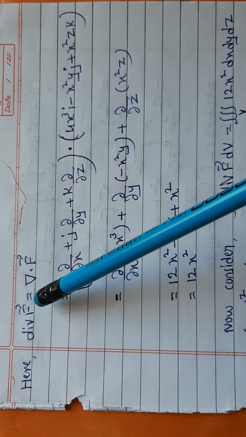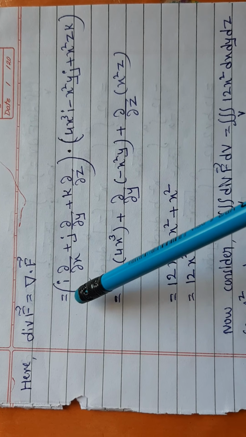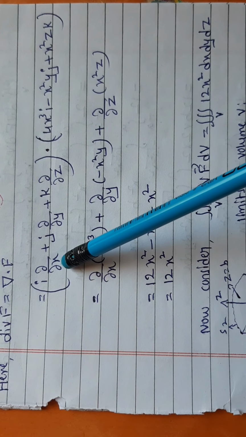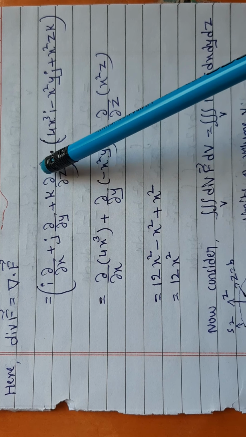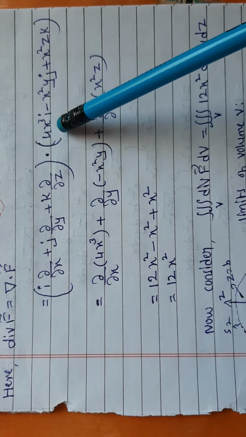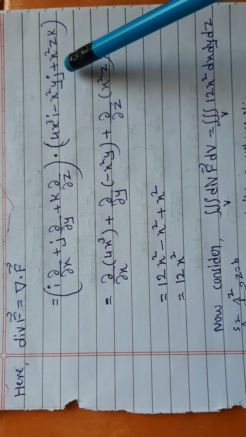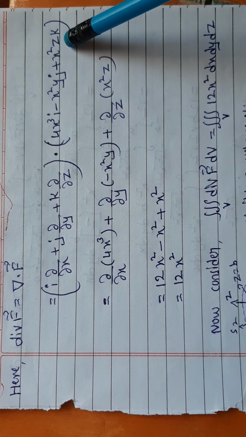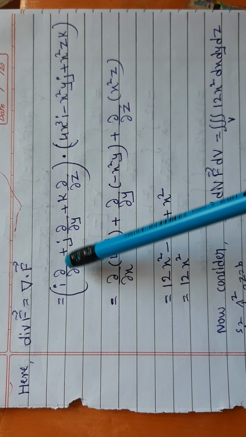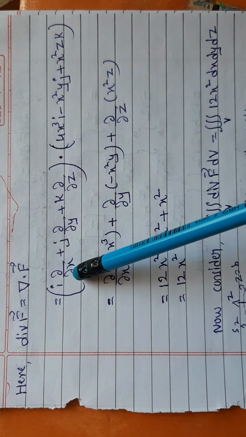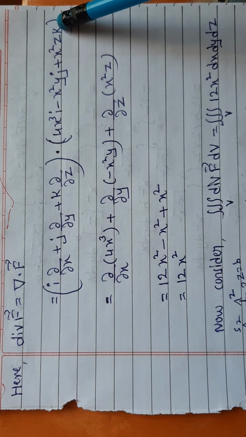We know that divergence of F is also denoted by del dot F, where del is defined by i ∂/∂x + j ∂/∂y + k ∂/∂z, dot F, where F is 4x^3 i - x^2 y j + x^2 z k. Multiplying these terms: i dot i is 1, i dot j is 0, similarly i dot k is 0.